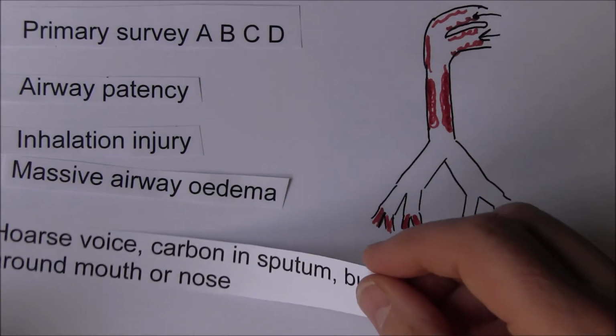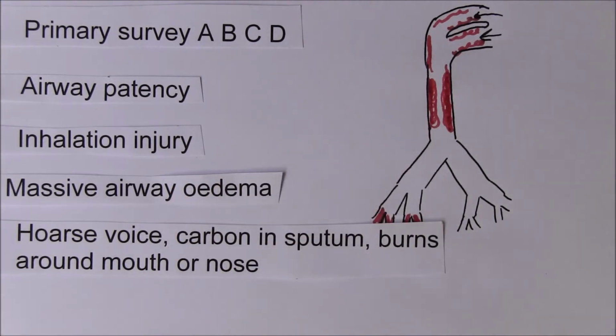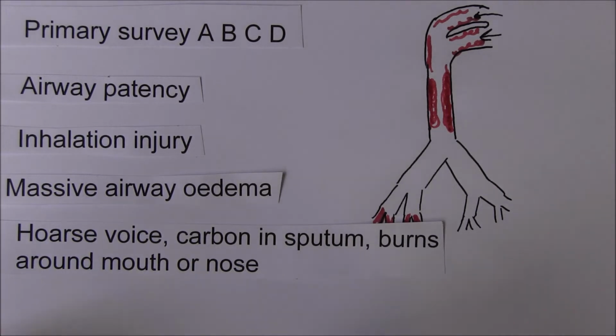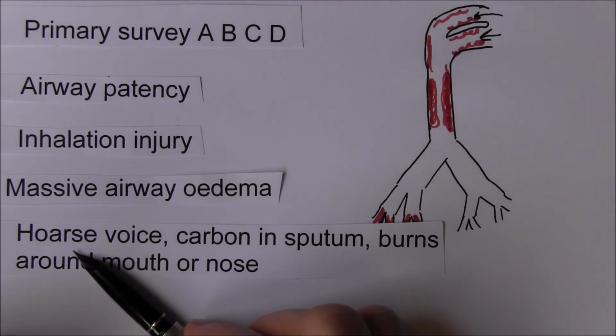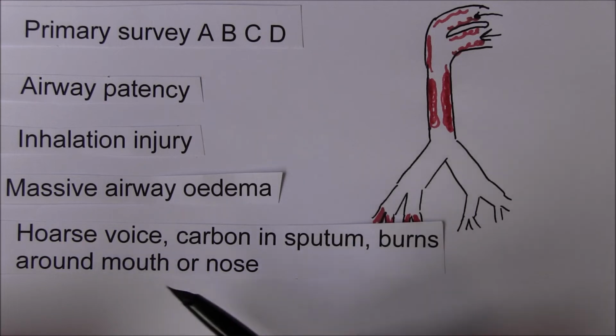So we're going to look at the voice if the patient's conscious. Is the voice becoming hoarse? A hoarse voice would indicate inflammation in and around the vocal cords, which of course are at the top of the trachea.